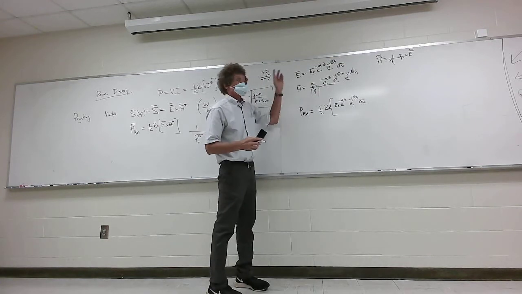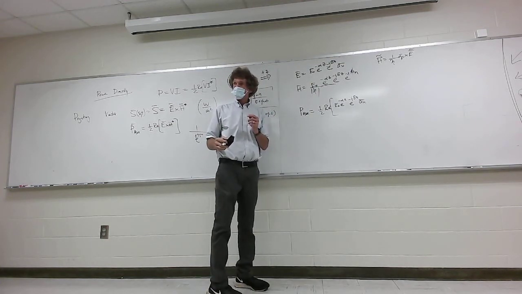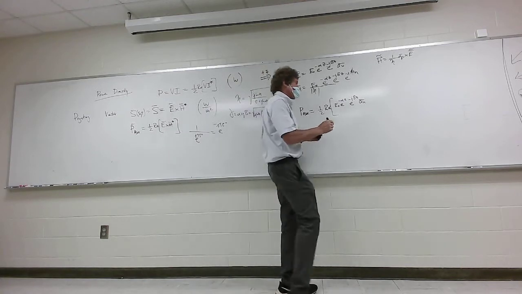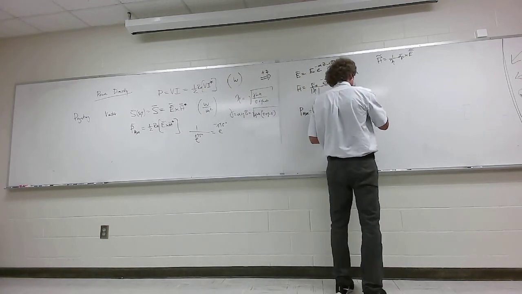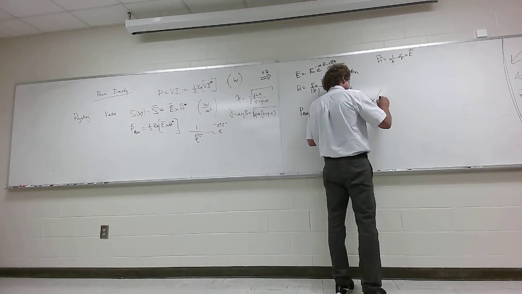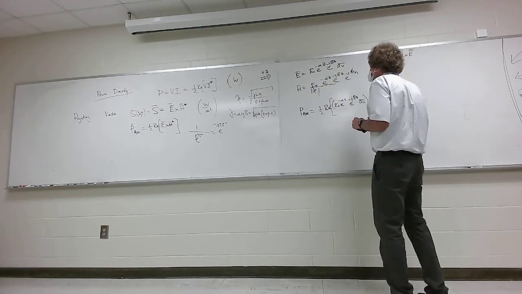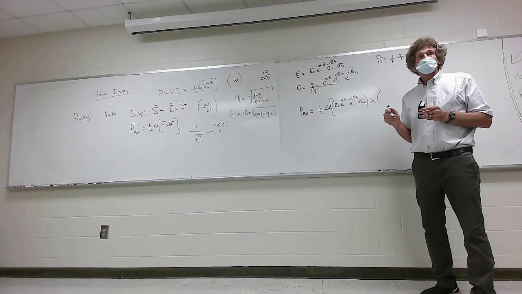I've just rewritten the E field. Y'all follow me? Nothing fancy, right? Now I'm going to put in the cross product, so I'll do it this way. Now it's going to be crossed with the H field, but it's conjugated, right?